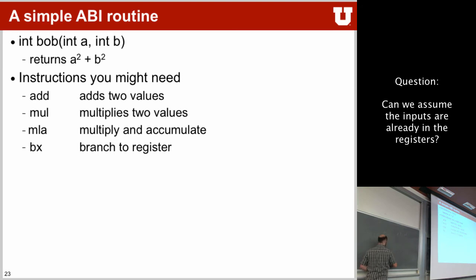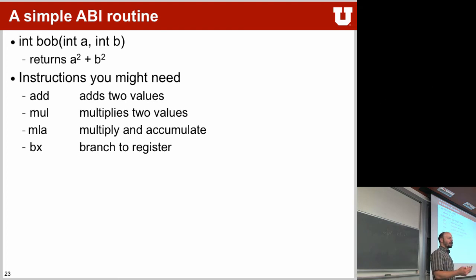So are we assuming that A and B are already in the registers we're going to use? Well, that's what the ABI tells us. So what will the ABI do? It will load A to R0, B to R1. Exactly. So by the ABI conventions, R0 will be A, R1 will be B. It's 32.